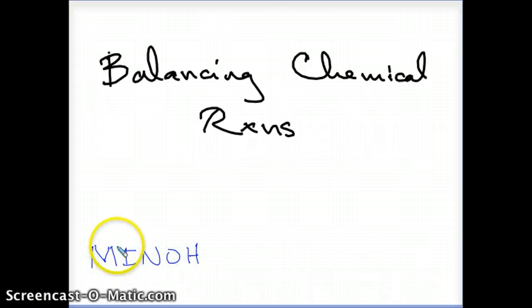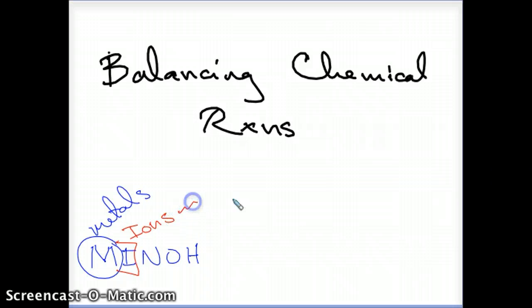Okay, so when we talk MINOH, we're talking metals. Remember that is everything on the left-hand side of the periodic table. We're dealing with ions. In this sense, we're talking about polyatomic ions. So break down the word.